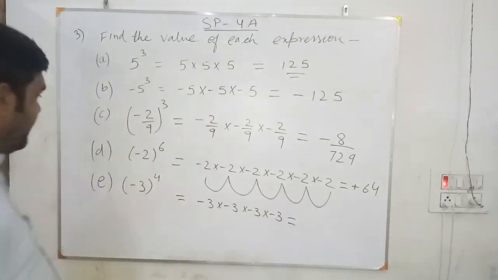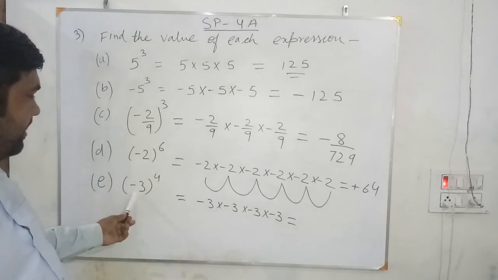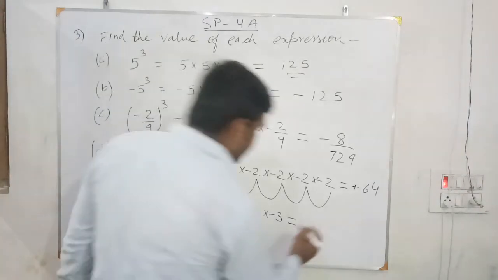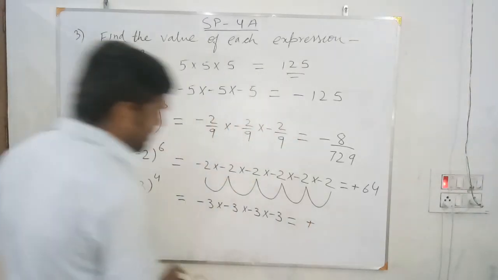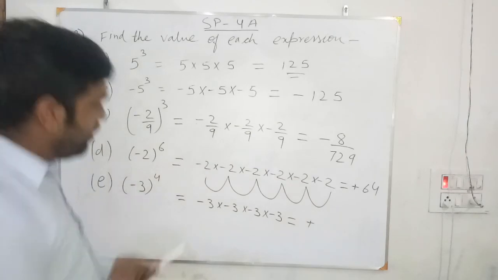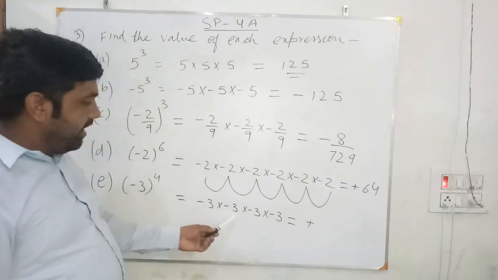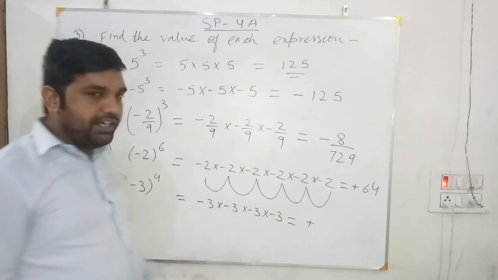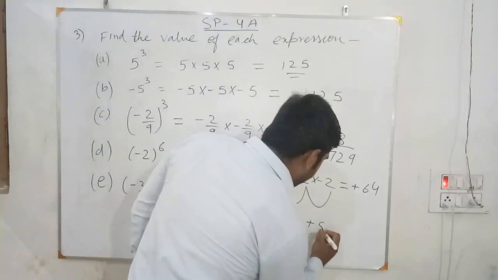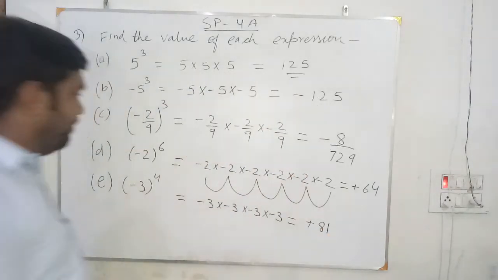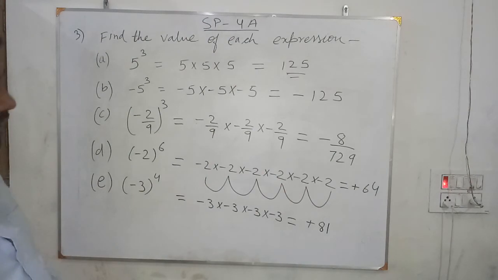See, the base is negative and the power is even again. Base is negative, power is even, the value will be positive. And see what will be the product of this multiplication. 3 3s are 9, 9 3s are 27, 27 3s are 81. So plus 81. The value of this expression will be plus 81.